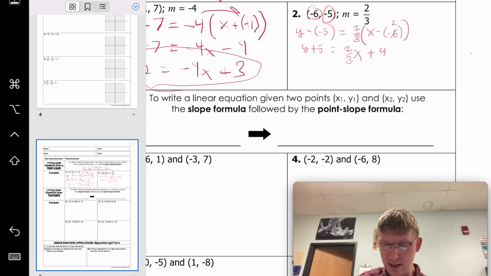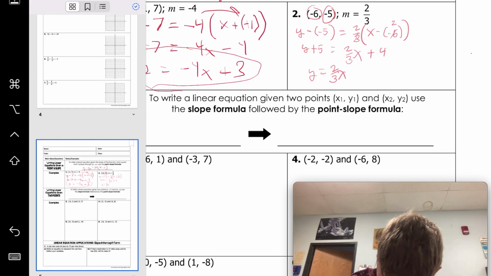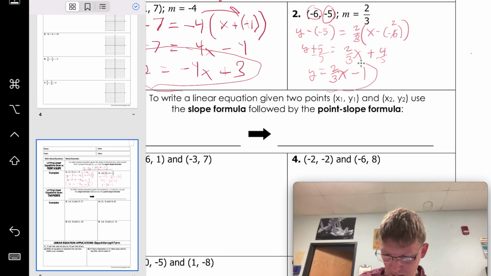Okay, so we'll move the 5 over, and we'll be good to go. So y equals 2/3 x minus 1. There you go.